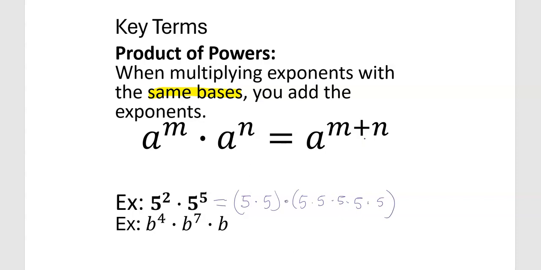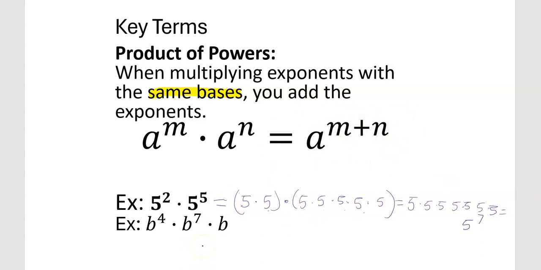If I multiply all of these together, that is now 1, 2, 3, 4, 5, 6, 7 fives. And that's going to make 5 to the 7th power. So the easiest thing for you to do, instead of doing what I just did, is just to add those exponents and keep the base the same.